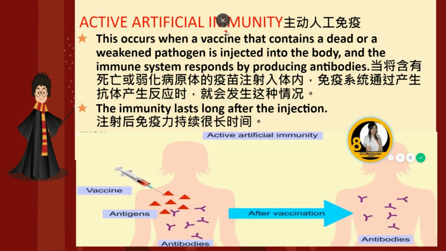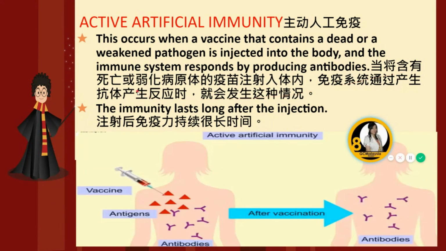Active artificial immunity. This occurs when a vaccine that contains dead or weakened pathogens is injected into the body, and the immune system responds by producing antibodies.